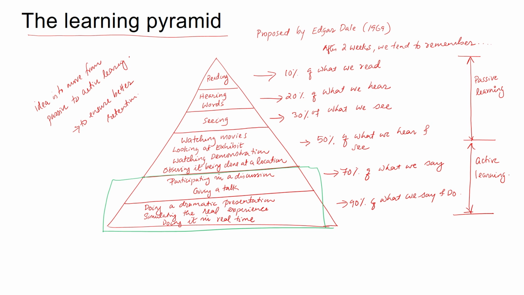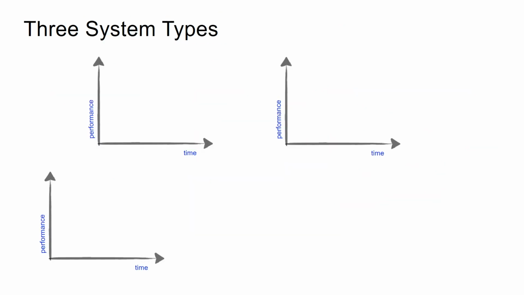And as mentioned earlier, there are three system types, because I told you about AI in industrial and systems engineering, industrial management engineering. Broadly, any system you take in the world you can classify into one of these three.